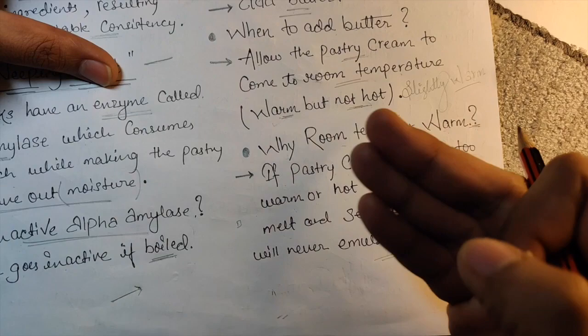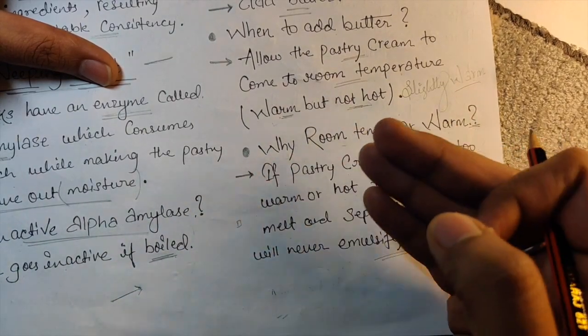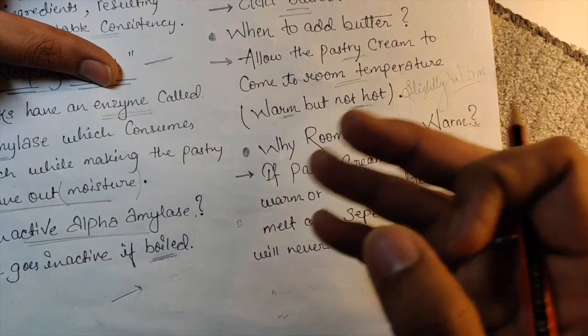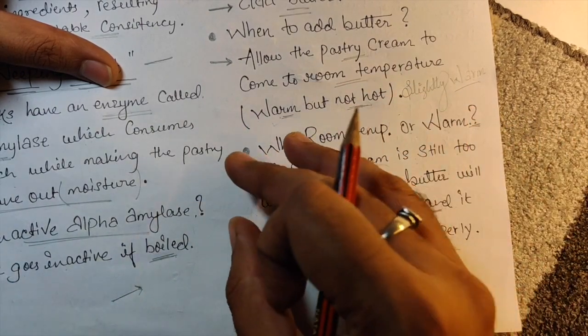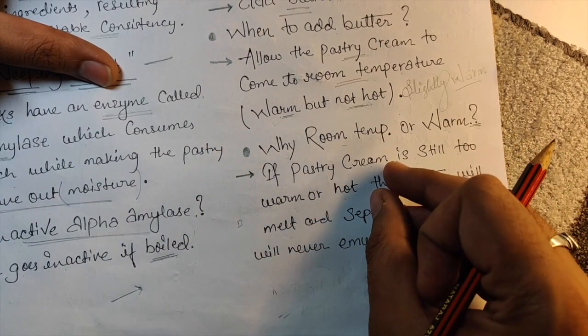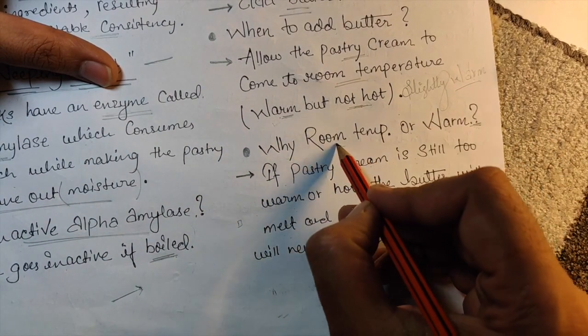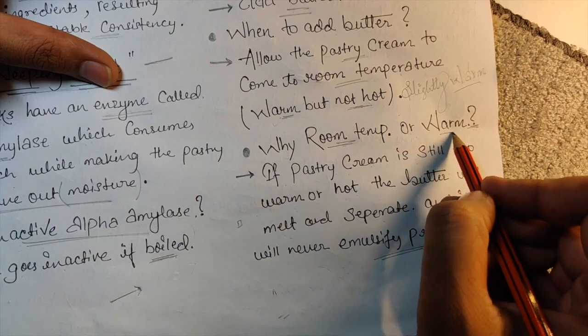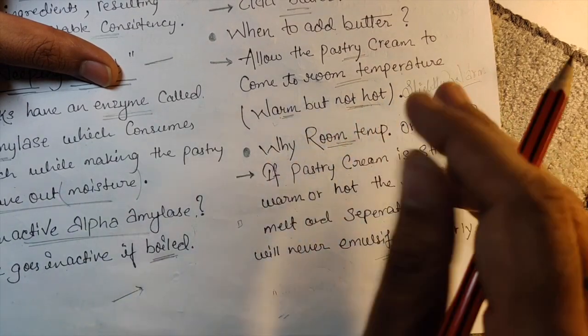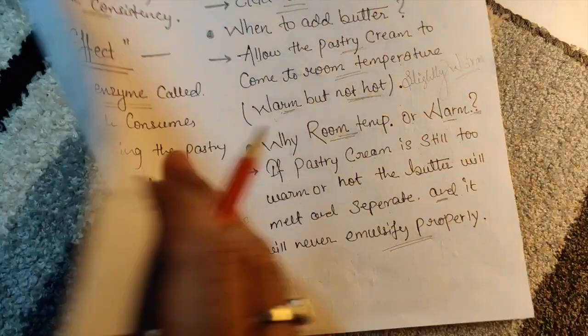We only have to mix with a spatula, or with the help of an emulsifying hand blender. It will be nicely done. The butter should emulsify with the cream, not just melt. That is the only reason for room temperature or warm, but not hot for sure. Clear with this? Logic has a logic.